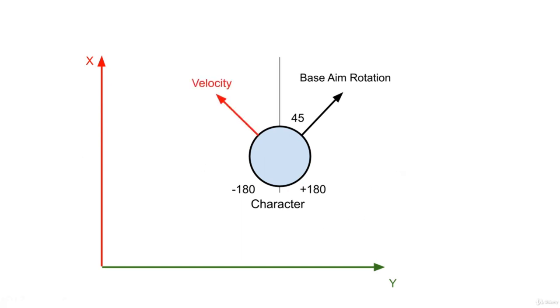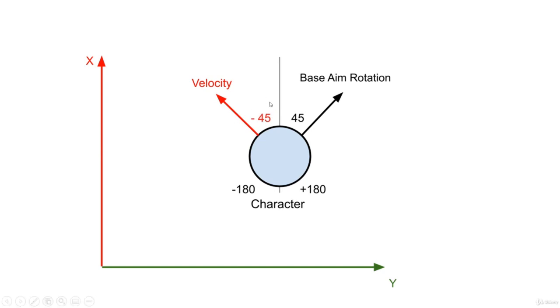Now, at any given point in time, our character might be moving in any particular direction, and that direction is not necessarily the same direction as our base aim rotation. For example, consider this diagram. Let's say our base aim rotation is 45. We're looking in this direction, and we're moving in this direction, which is approximately negative 45 degrees away from the world x-axis direction.